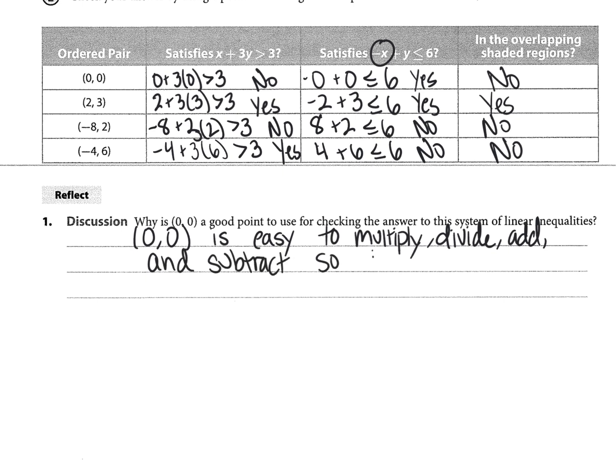So it is a quick point to check. If all you had to do was add a bunch of zeros together, you could solve it really quickly. So it's an efficient point to check.